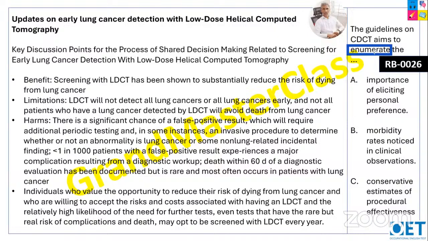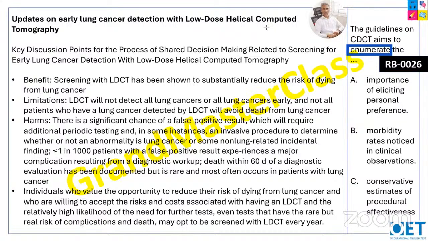One word is there in that one. Enumerate. If you see this one, immediately you will recall a word. What is that word? Identify the word within the word.